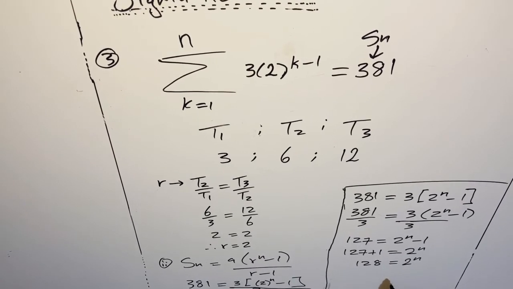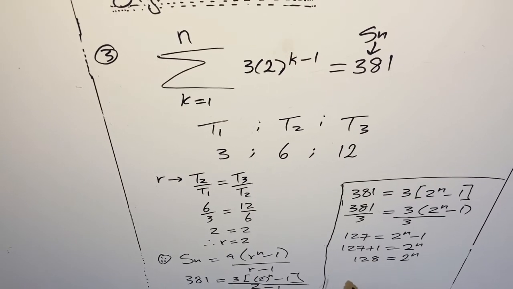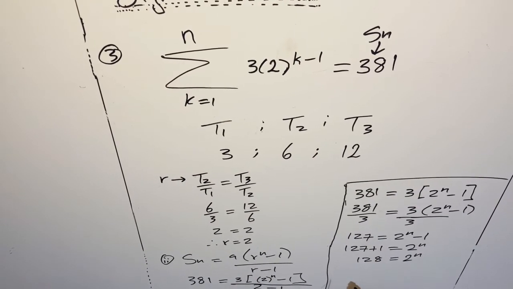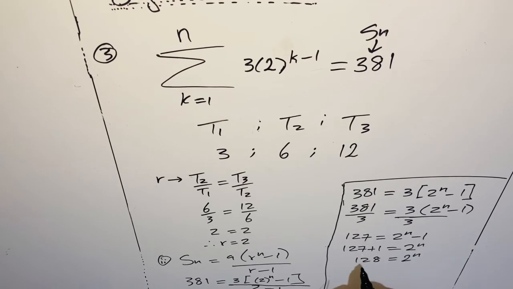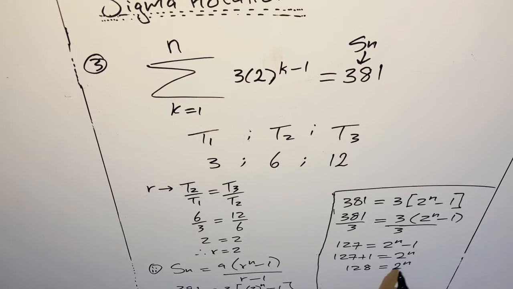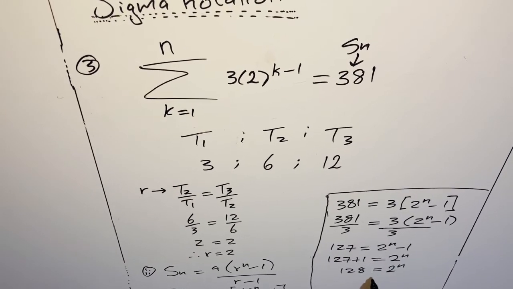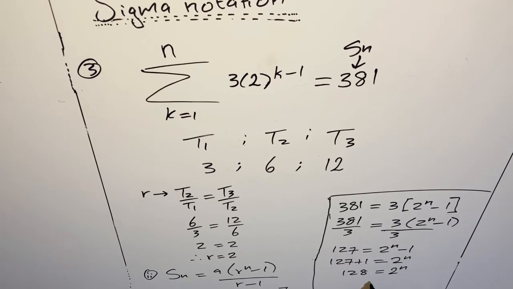Then from here, you make your bases the same. Are you able to write 128 as 2 to the power of a number? If you have your bases the same, you then drop your base and take your exponents.